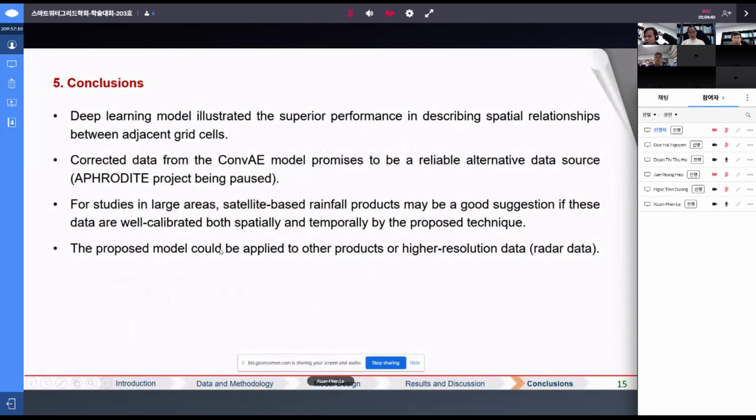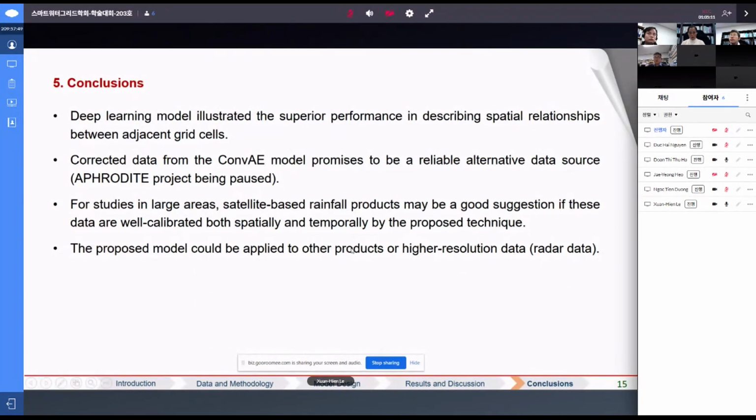And the next is some conclusions. The deep learning models show superior performance in describing the spatial correlation between the adjacent pixels, and the data corrected by the deep learning models could be a good data source in the context of reservoir study in the area.